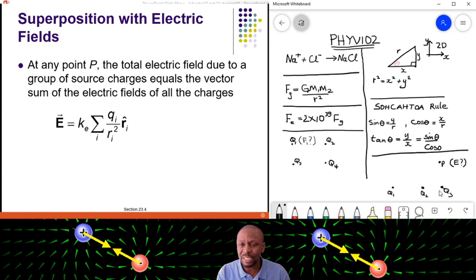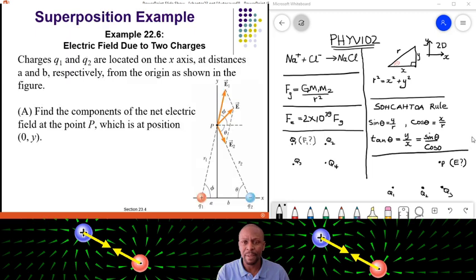The electric field here would just be due to the electric field from Q1, the electric field from Q2 and the electric field from Q3. The vector summation of all that will just give you the total electric field.